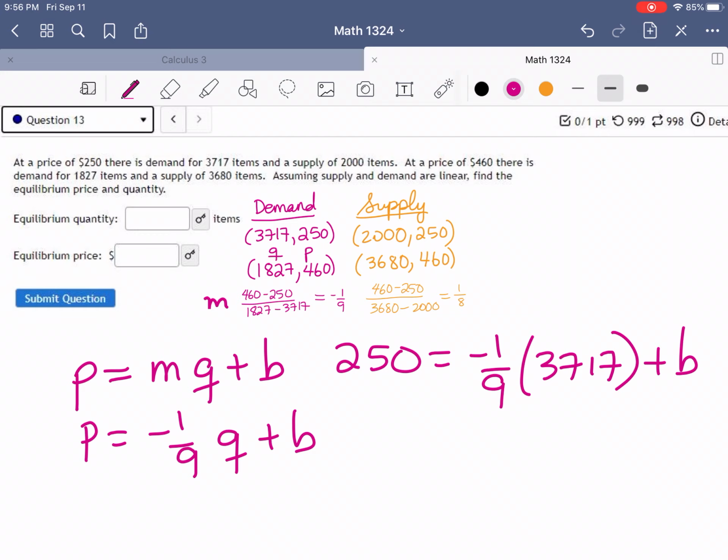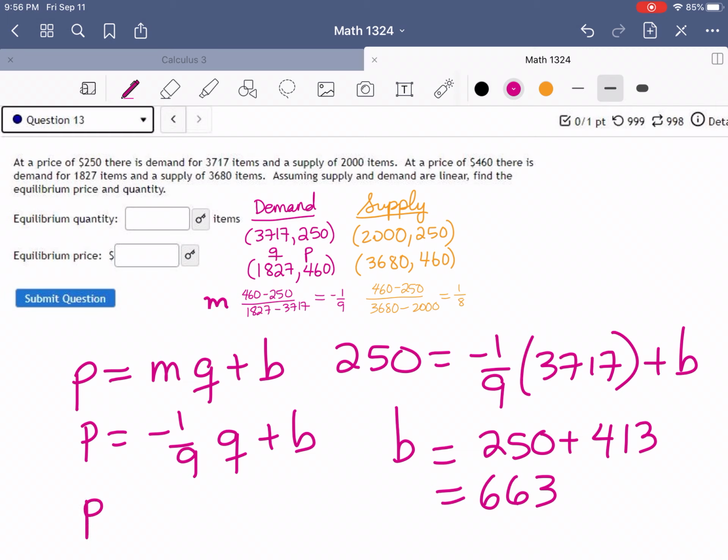That means it was too long. Oh no, I didn't run out of music. So B equals 250 plus 413, which is 663. And so therefore, our demand equation is negative 1/9 Q plus 663.